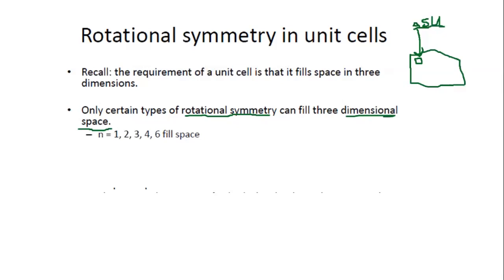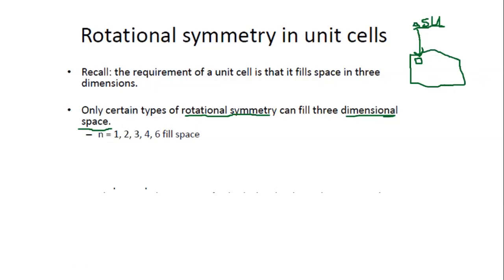Only 1, 2, 3, 4, and 6 rotational axes are permitted. So you'll never see a unit cell with a 5-fold, 9-fold or 8-fold rotation. Only these rotations are allowed because they fill space.